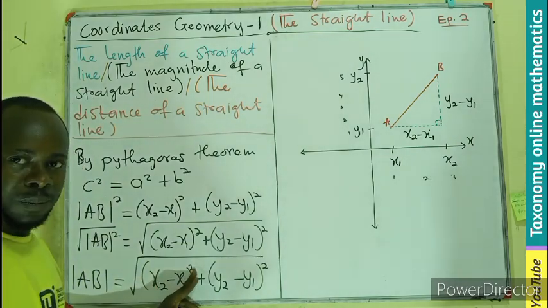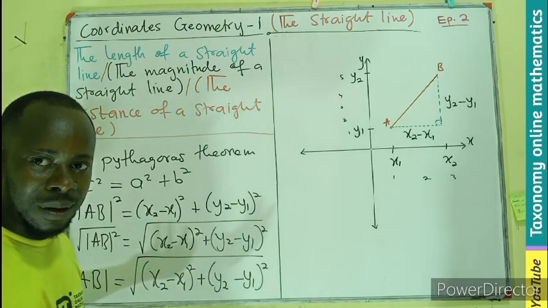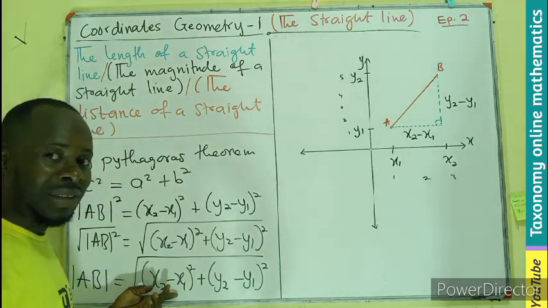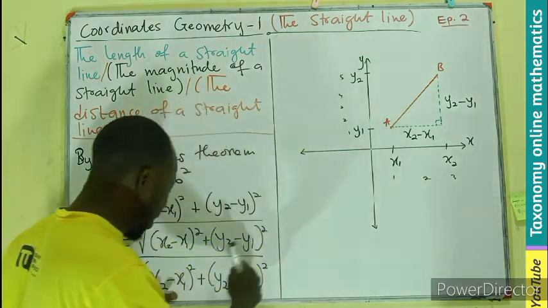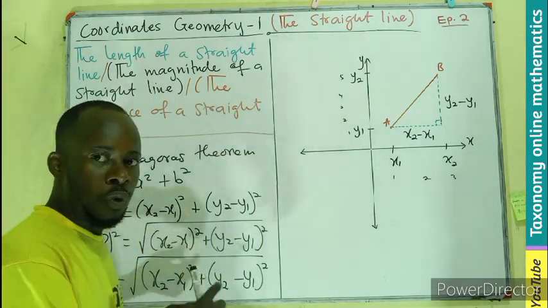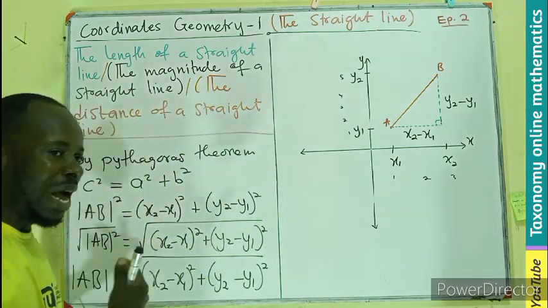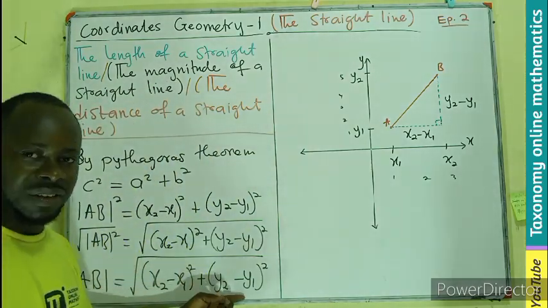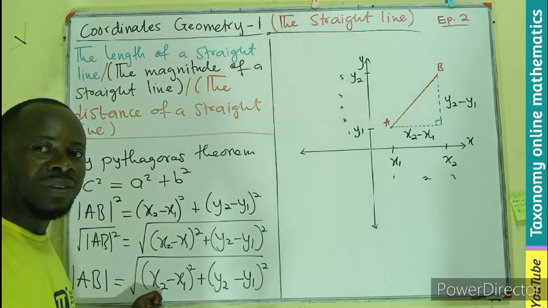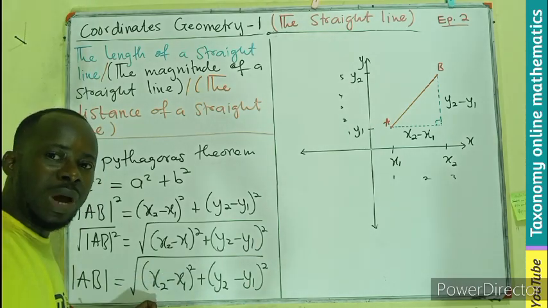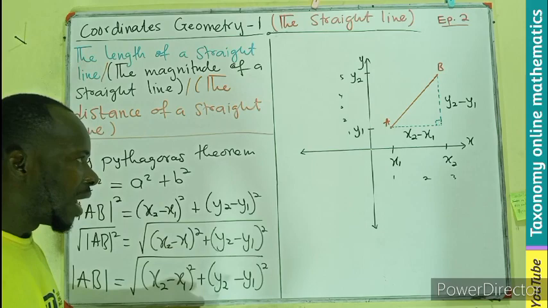Because of the square, the negative will not matter. Because if this answer becomes negative 2, negative 2 squared will be positive 4. So no need trying to figure out which of the variables comes first. The x2 can come first before the x1. The x1 can also be first before the x2.